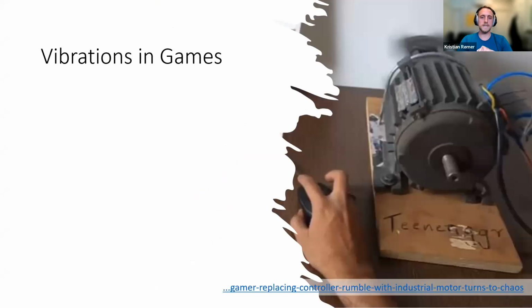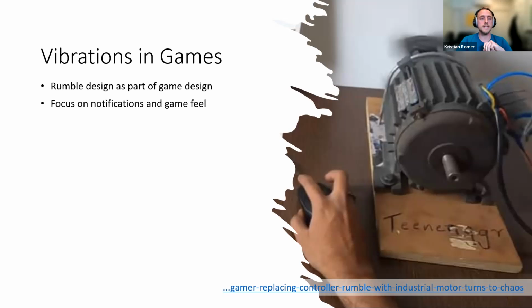So before going into the more advanced stuff, I just wanted to inform you of how vibrations have been done in the past. So usually vibration design has been part of the game design field, where the game designers together with direction will sit and decide where should we get feedback and how should it feel.